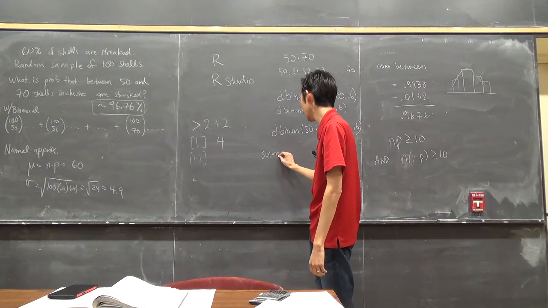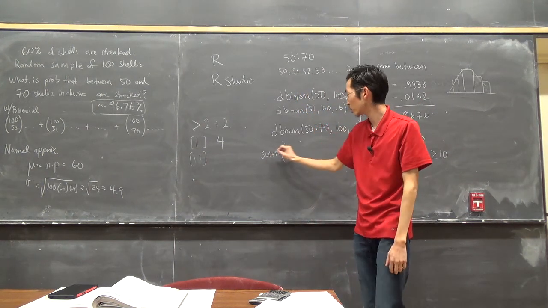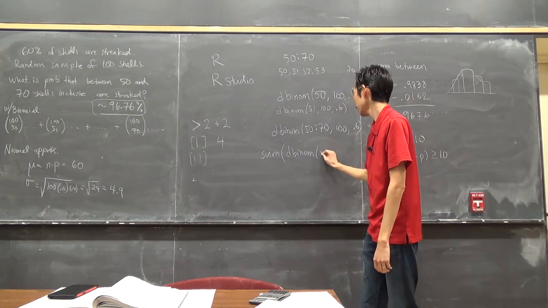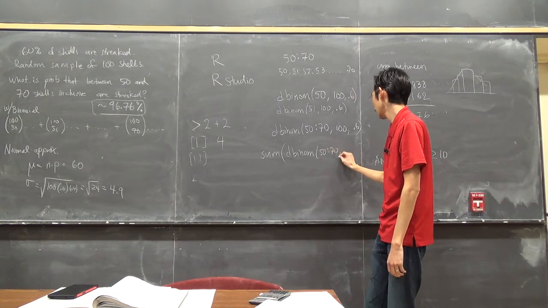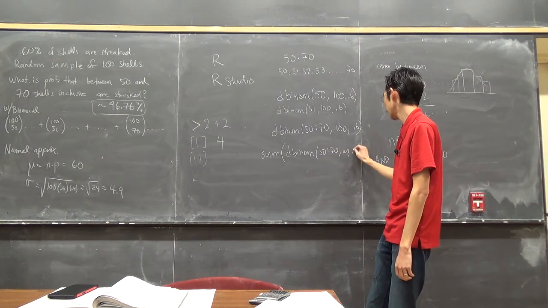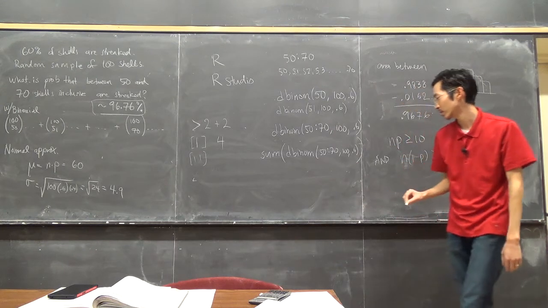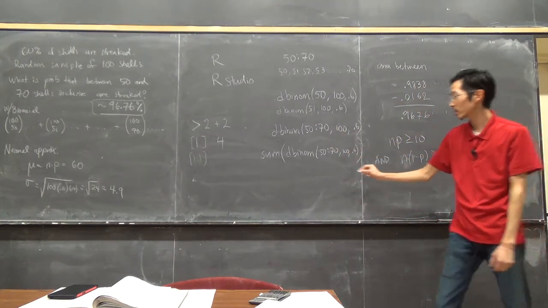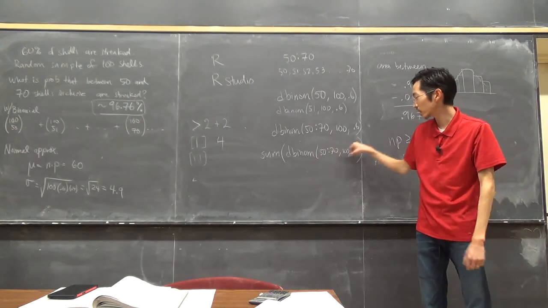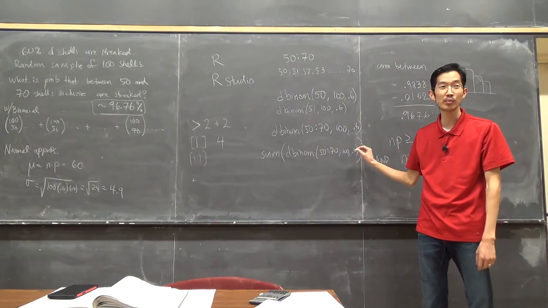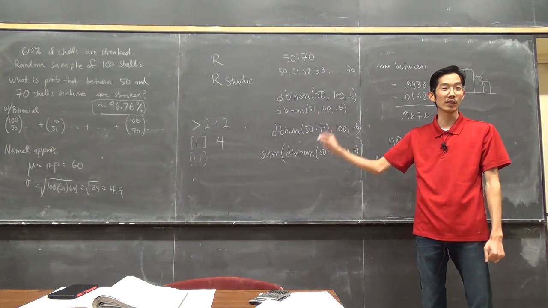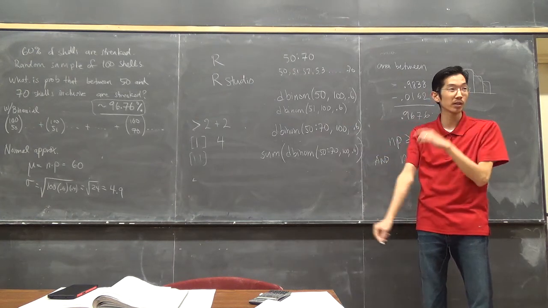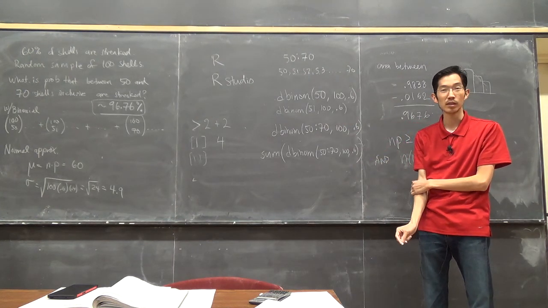So I'm going to put the word sum around dbinom(50:70, 100, 0.6), and I need a second parenthesis to close off the sum. That says, if the thing on the inside of sum spits out 21 numbers, I want you to just add all of those up. And if we do that, we would get the answer that we're looking for. Is that okay?